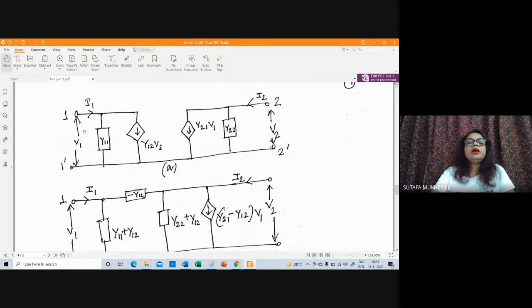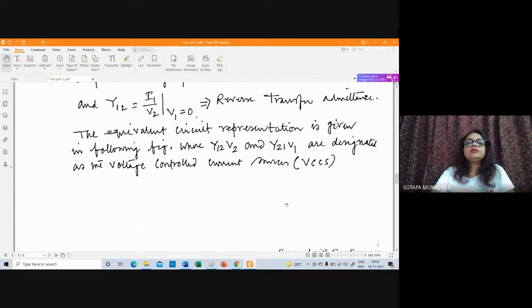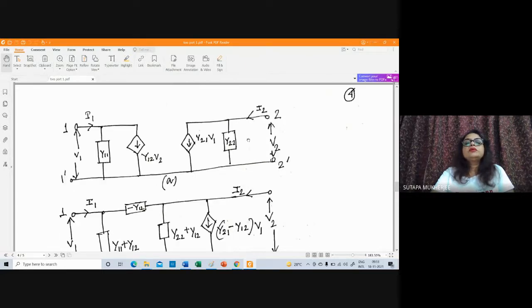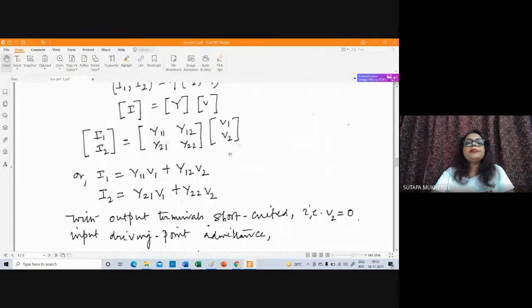So this is the equivalent circuit representation of the parameters. So this is V1, Y11, Y12 V2, Y21 V1, Y22, V2.